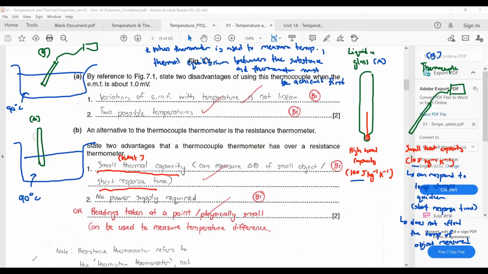Okay. When you want to measure the temperature of a particular substance, you generally need to wait for both of the objects to reach thermal equilibrium.